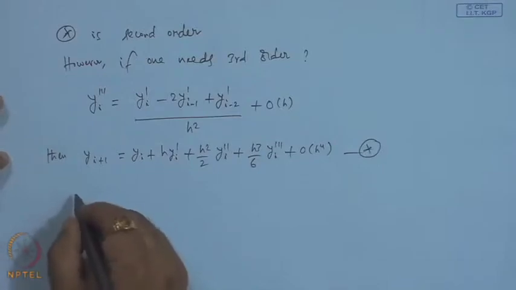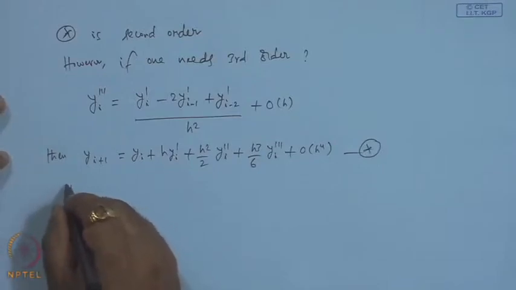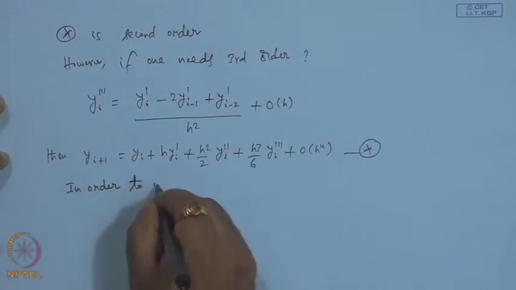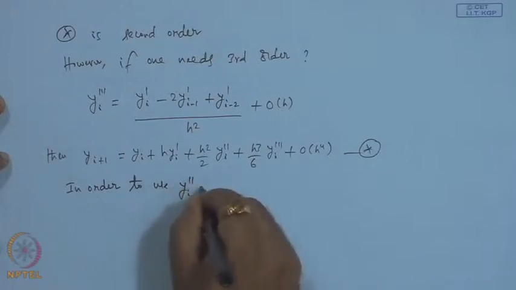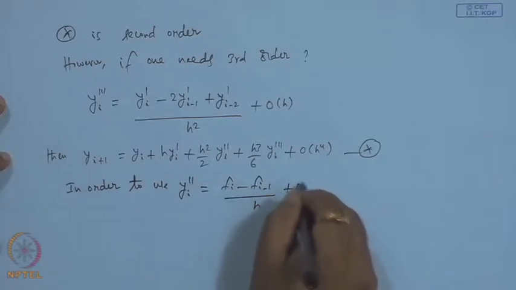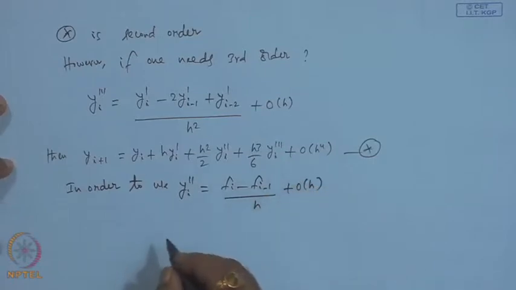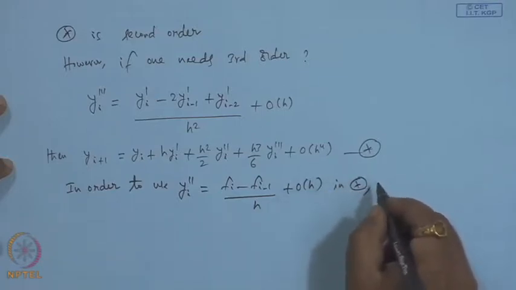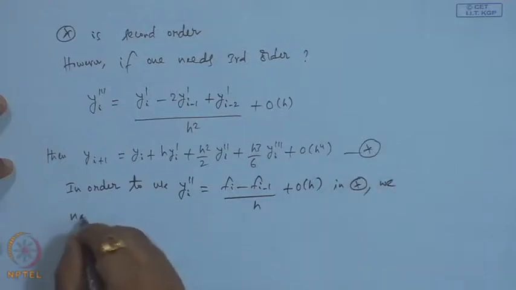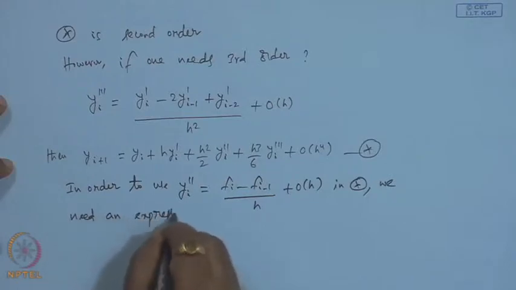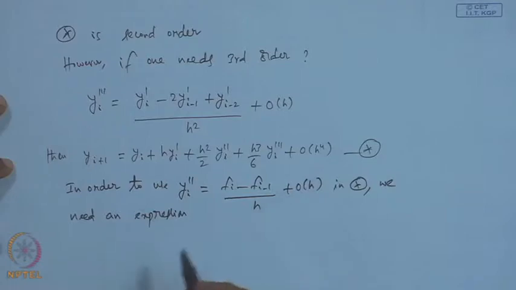In order to use y i double prime, which is up to order of h, in star, we need an expression for this, because we have to increase the order.